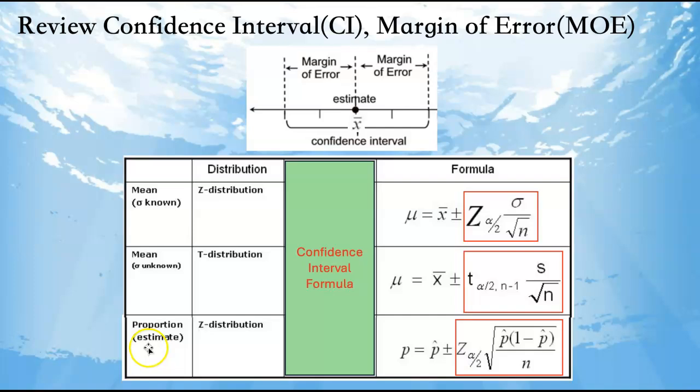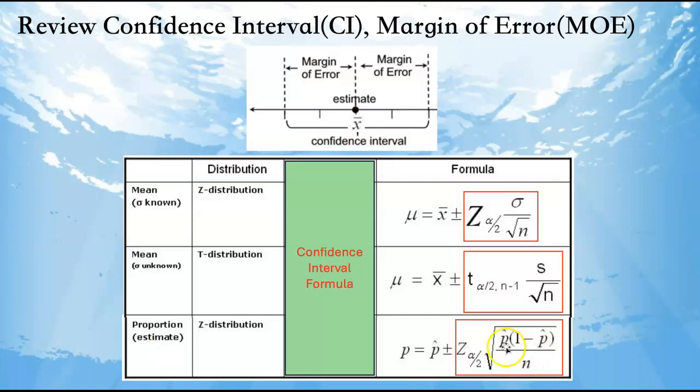Similarly, if we are not given anything about standard deviation, we don't know about sigma, we don't know about S, the sample standard deviation, you have to give me something else. Then in this situation, we should be given the proportion from some samples. Usually they give some number out of how many total samples.